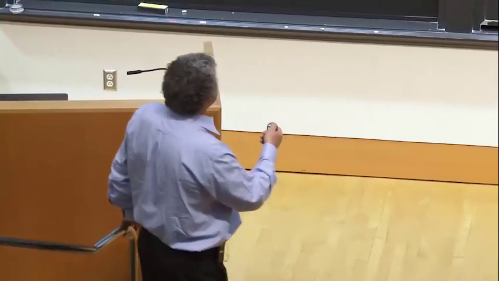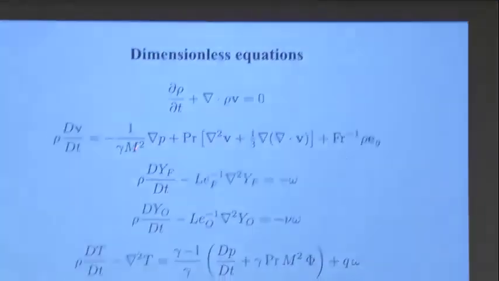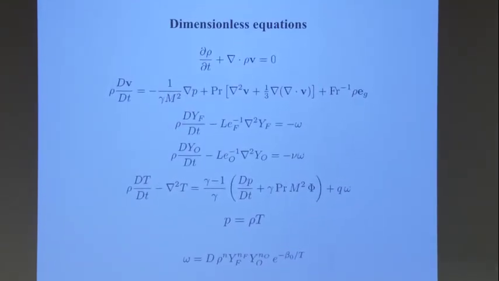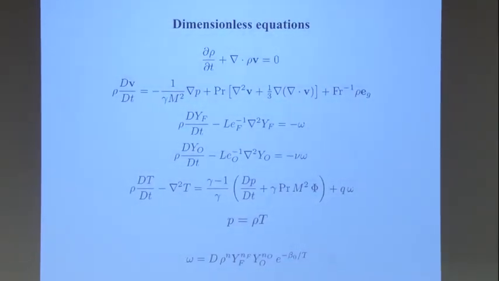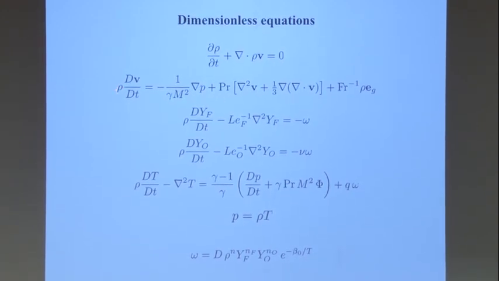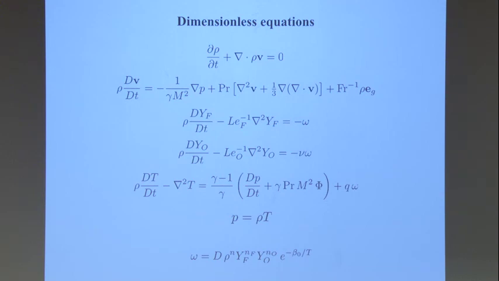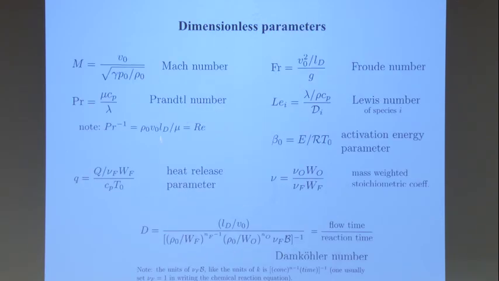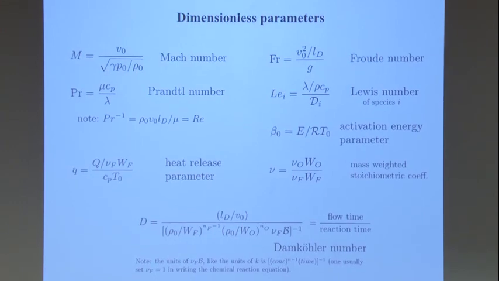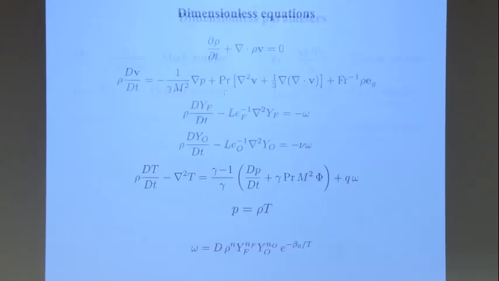And so the fact that there is a Mach number squared here is because there is a P naught over rho naught, and that's the speed of sound squared. The P naught comes from this P, and the rho naught comes from this rho when you scale it. So what you have here is the reciprocal of the speed of sound squared, M squared, and that is defined here.